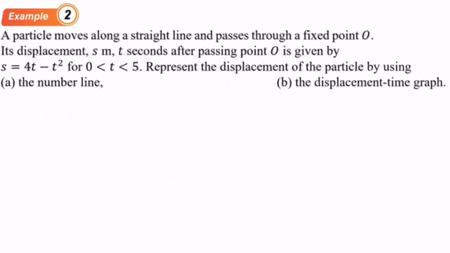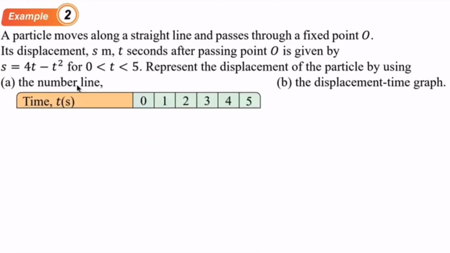Alright, so let's proceed to example number 2. A particle moves along a straight line and passes through a fixed point O. Its displacement s meter, t second is given by s equal to 4t minus t squared. Now represent the displacement of the particle by using the number line.